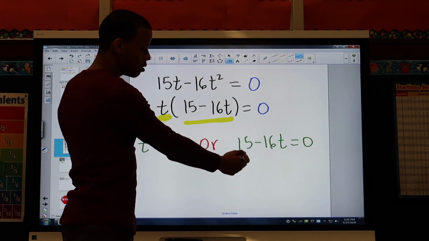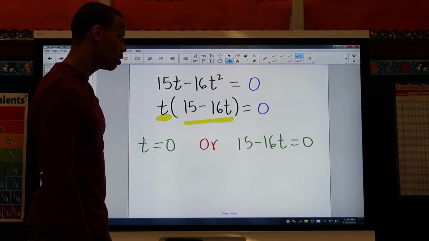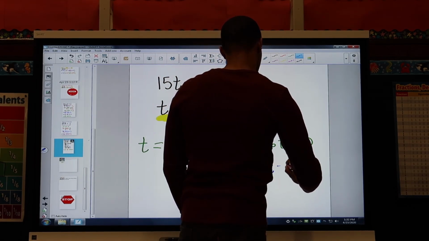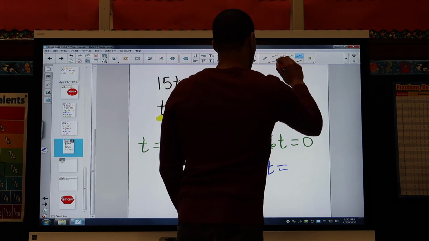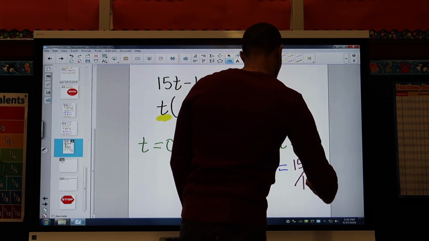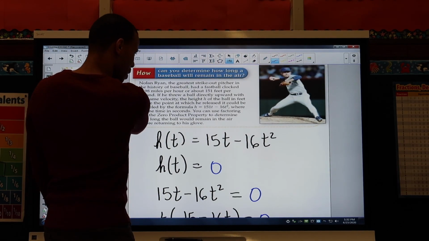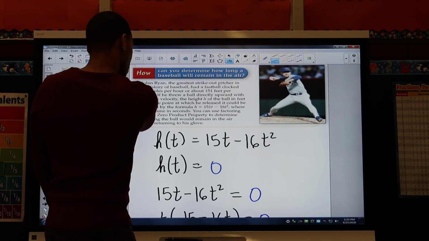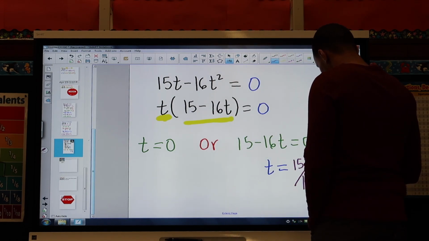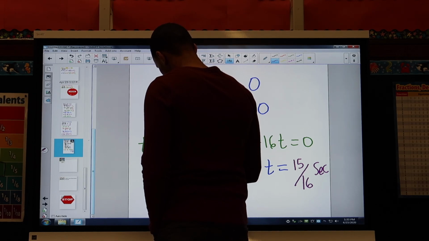So now all we have to do is solve for the t. 15 minus 16t equals 0, which should give you t is equal to, let's see, this would be 15 divided by 16, and I think this would be in seconds. Let me just double check my units. Those are feet per second, yep. So this is unit of time, so this will be seconds. And this is also seconds.